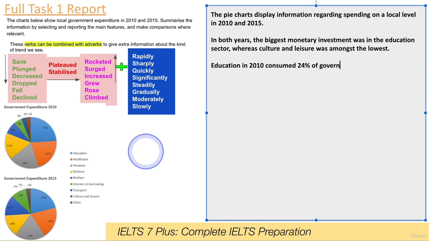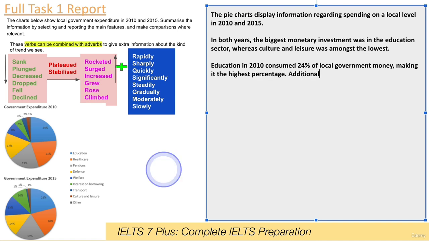It's okay to use that here and there, as long as we're not repeating ourselves too much. Government spending, or government money, local government money, making it the highest percentage.